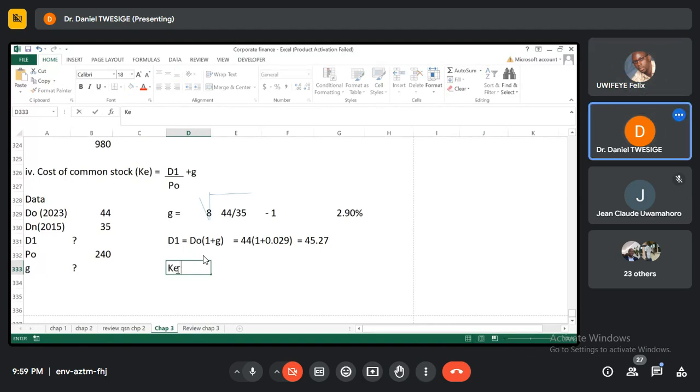So our KE will be equal to, we can substitute, 45.27 divided by 240 plus 0.029. So that is what we have.